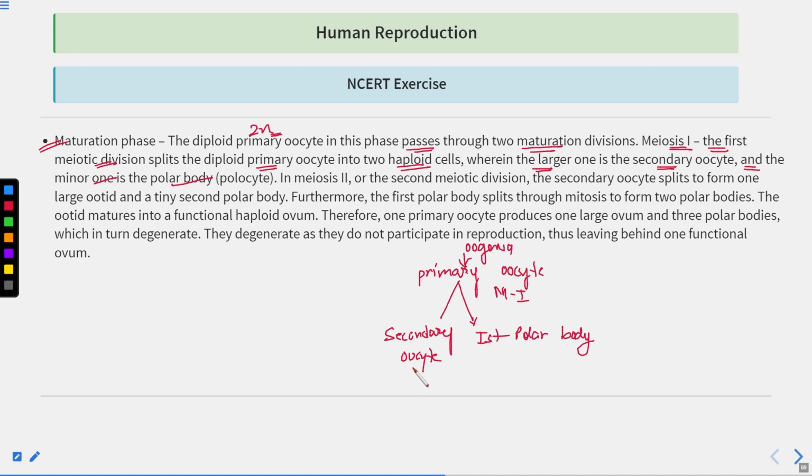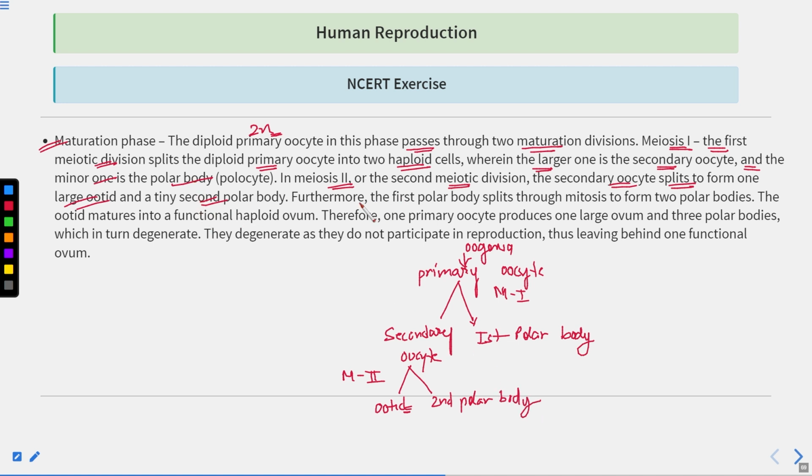Then what happens? This secondary oocyte will undergo meiosis 2. So in meiosis 2, or the second meiotic division, the secondary oocyte again splits to form one large oocyte and the tiny second polar body. Clear? The oocyte is the larger cell, and it forms another, smaller cell that is known as the second polar body.